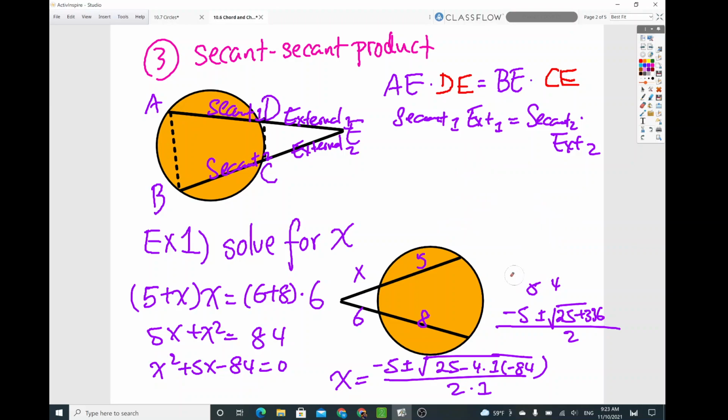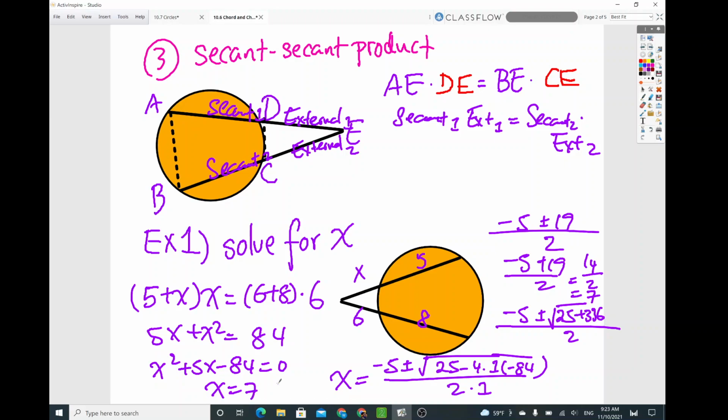Actually it is a perfect square: the square root of 361 is 19. So it's negative 5 plus or minus 19, all over 2. It cannot be negative, so only plus 19 divided by 2, which is 14 over 2, which is 7. So x is 7.